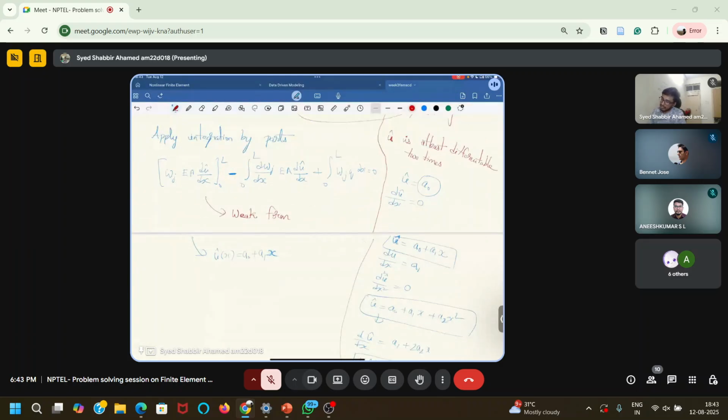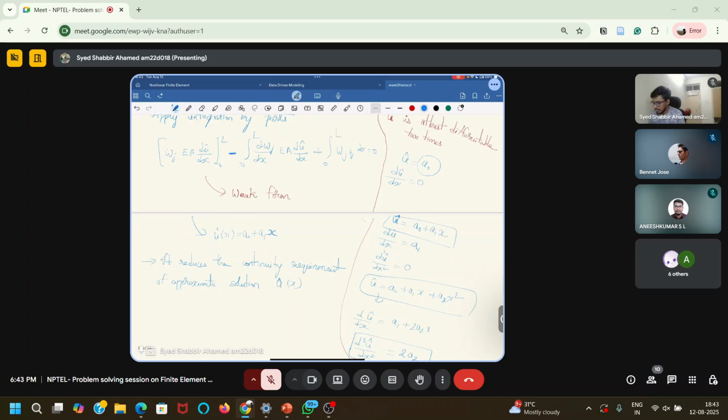So the weak form reduces the continuity requirement of the approximate solution, because only its first derivative needs to exist.